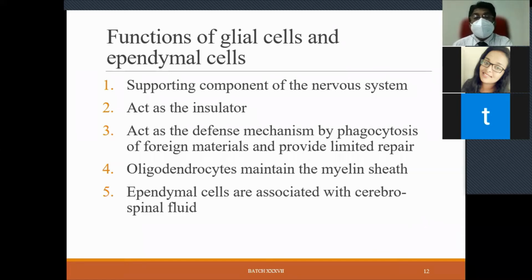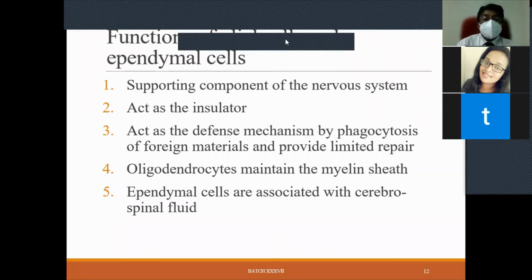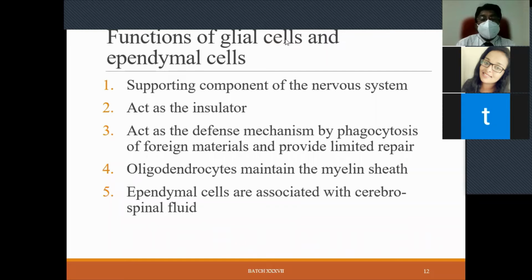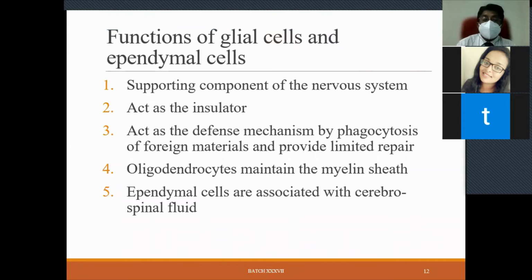So here, in general, are the functions of the glial cells and ependymal cells. This is a general statement, considering all four types of neuroglia. One is the supporting component of the nervous system, as we heard from the first slide, that neuroglia are the supporting cells of the nervous system, and they act as an insulator, right?